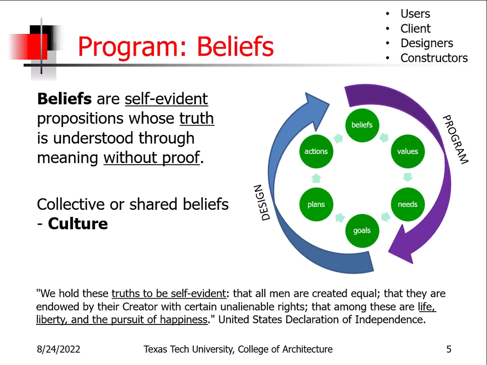In the United States, one of the most fundamental beliefs is: we hold these truths to be self-evident. Notice that Jefferson used that term, self-evident, that all men are created equal, that they are endowed by their Creator with certain unalienable rights, that among these are life, liberty, and the pursuit of happiness.